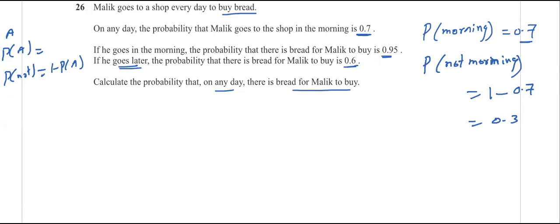Now on that basis, if he goes in the morning, the probability that he will get the bread is 0.95. And if he doesn't go in the morning, the probability of getting the bread is 0.6. So there are two possibilities.